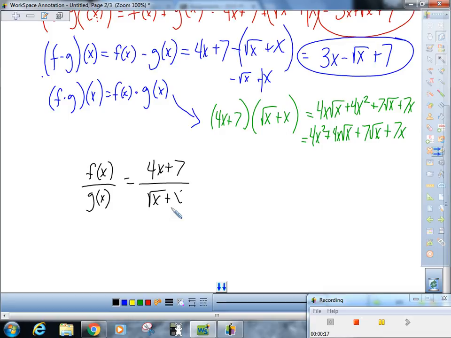So we've got to multiply by the conjugate. And that is radical x minus x. All right, so on the top, 4x times radical x is just 4x radical x.